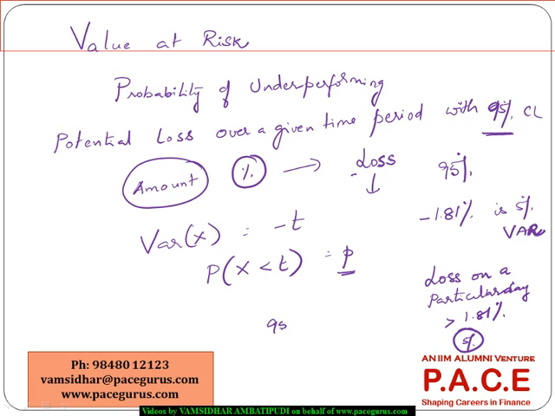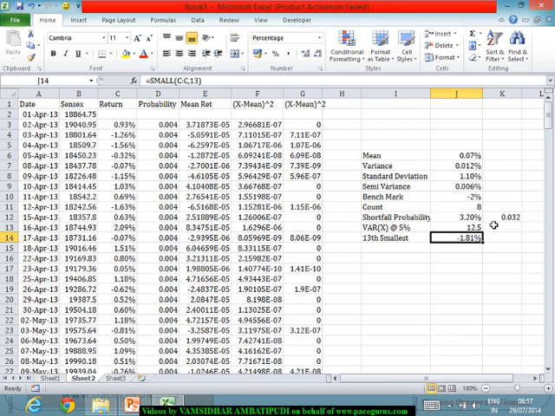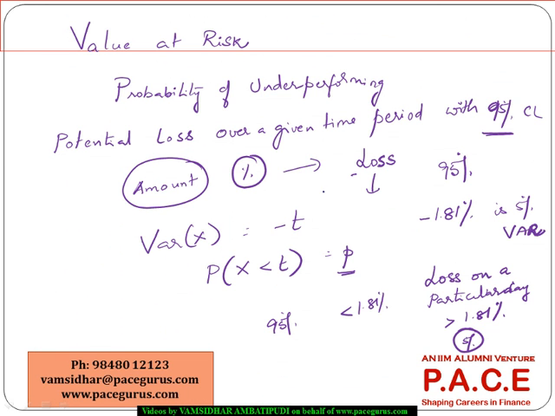Which means there is a 95% chance that the loss will be less than 1.81%. It could even be a gain, but the loss cannot be more than 1.81% on one single day, going with this particular definition of value at risk. So we got the value as minus 1.81%, but we are saying that the loss is more than 1.81% in only 5% of the cases.